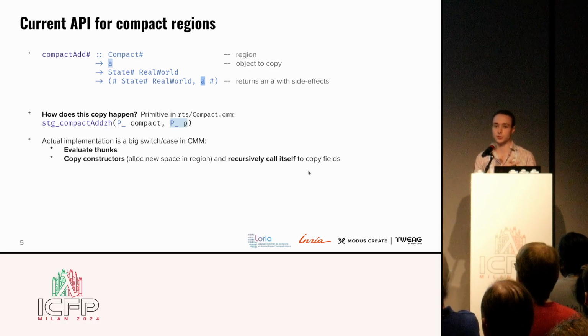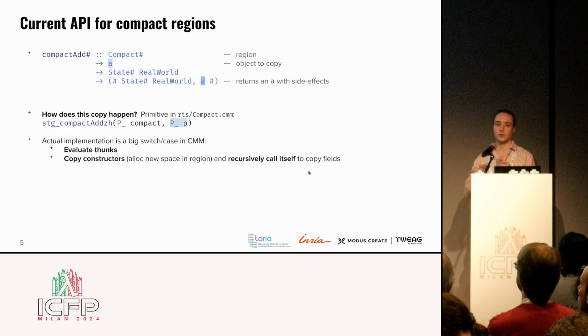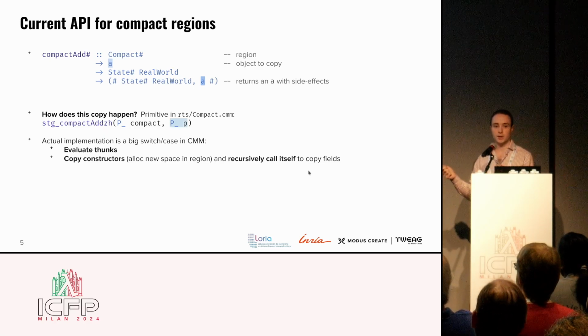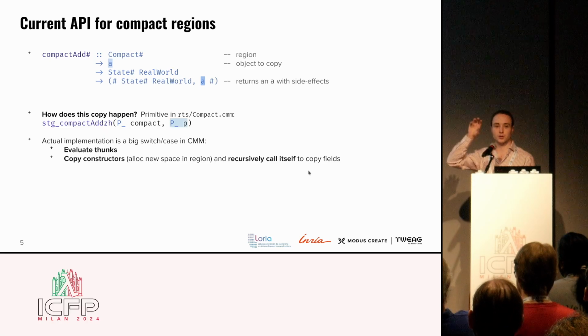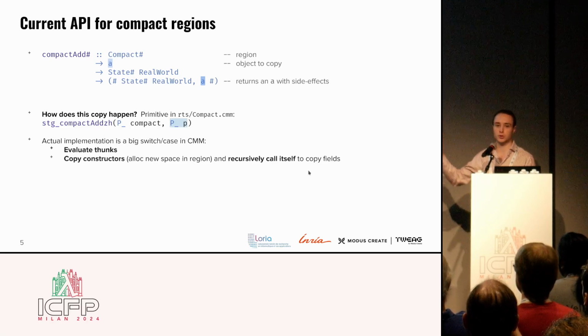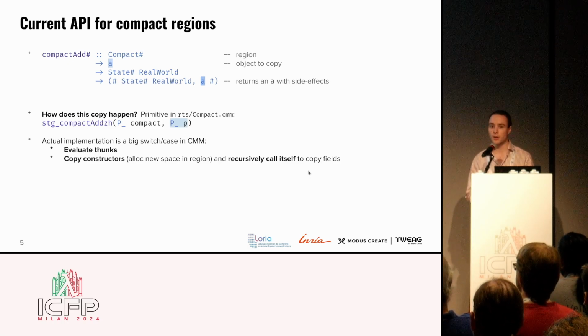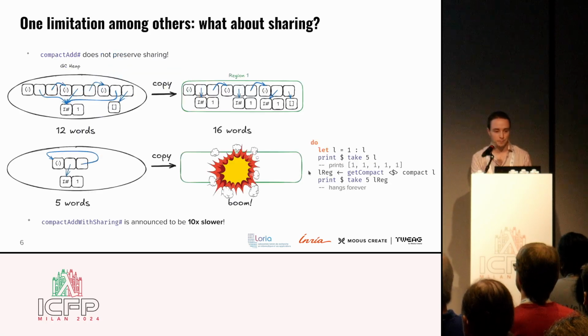If it encounters a thunk, it has to evaluate it beforehand, because the region can only keep fully evaluated data. And if it encounters a constructor, then it will allocate some space in the region. Then it will copy the first word of the constructors, that's to say the info table pointer, the identity card of the constructor, and then it will recursively call itself to copy the rest of the structure.